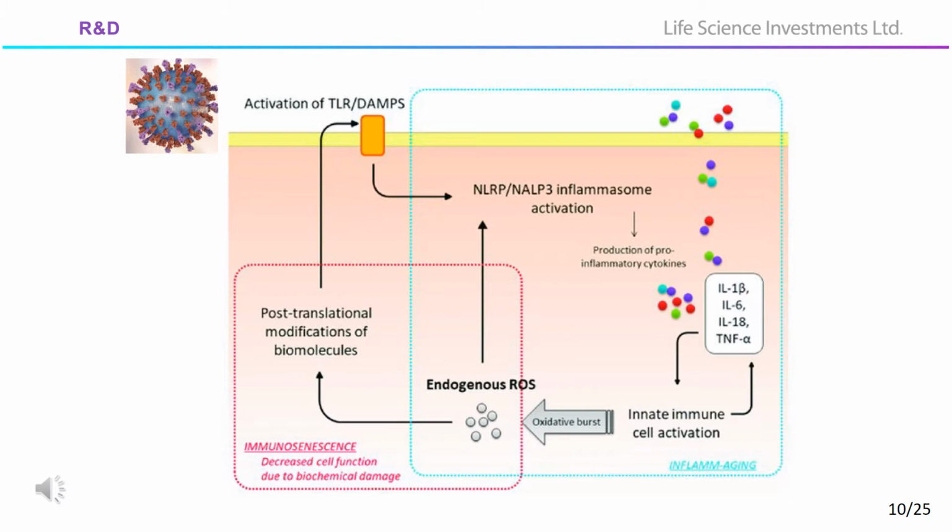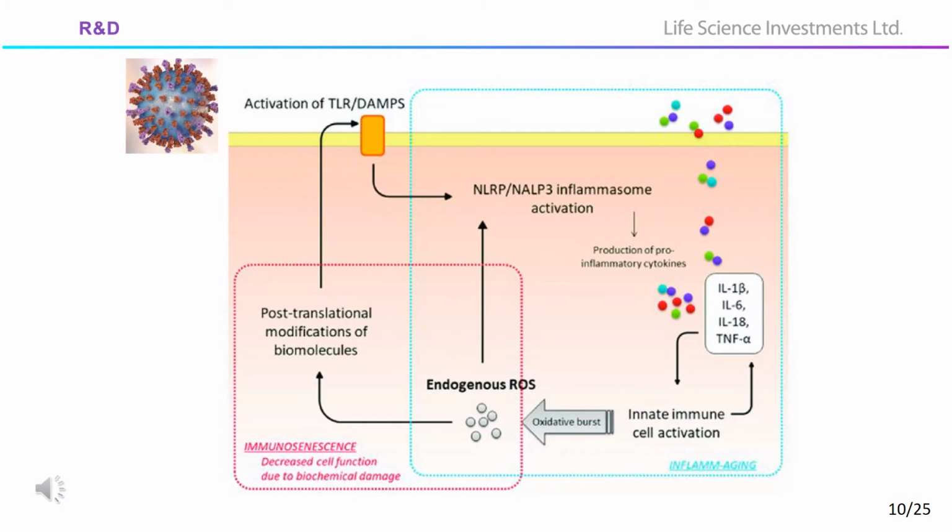And as a consequence of pro-inflammatory cascade, we'll have production of free radicals. And these free radicals will permit post-translational modifications of biomolecules, which will impact again the toll-like receptors, and also these free radicals will directly act on inflammasome activation.